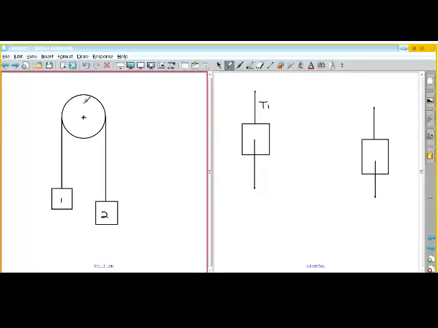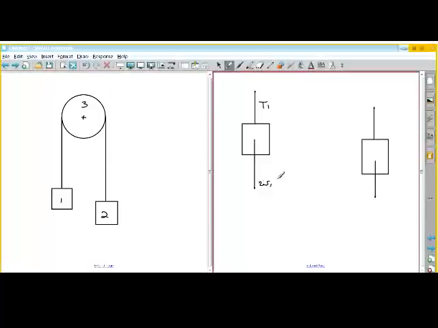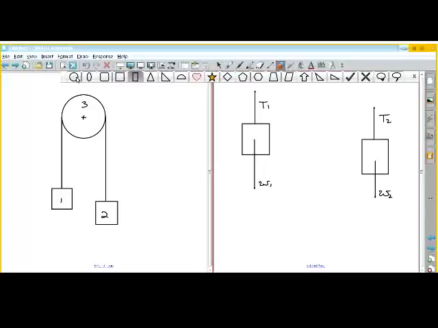We'll call this object 1, this object 2, and this object 3. So we have tension T1 and W1, and T2 and W2. If we sum the forces in the y direction, it's equal to the mass of 1 times the linear acceleration of 1. It's the same thing over here.